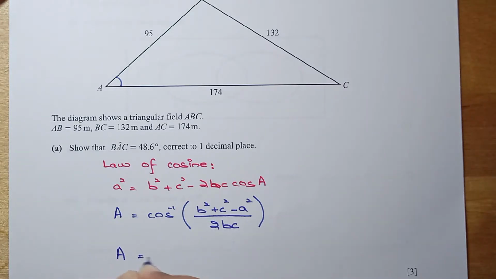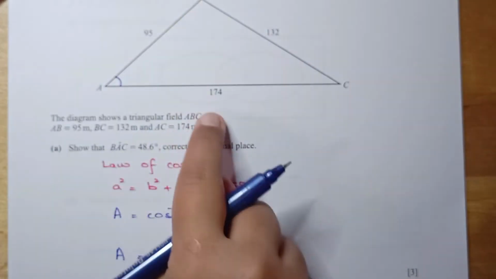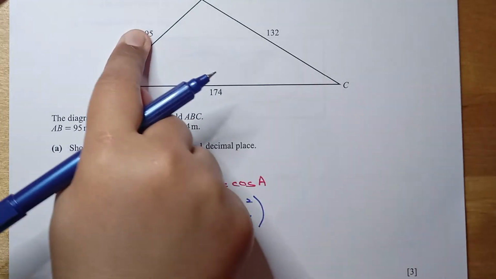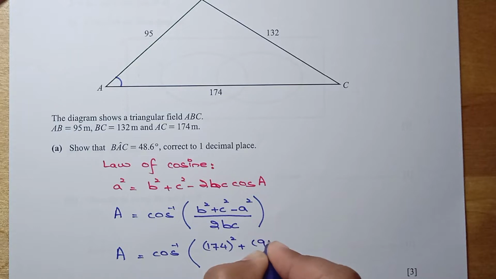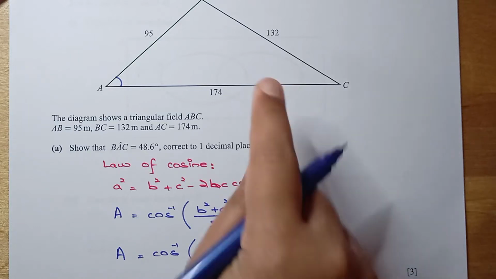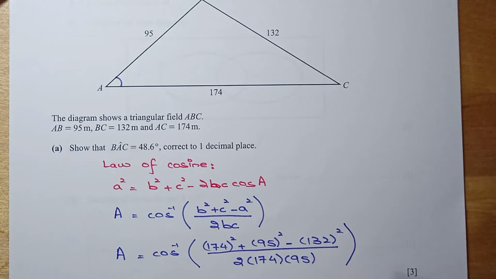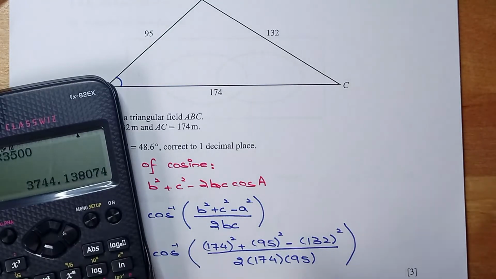So A would be equal to cos inverse of B squared, so we have B 174 whole squared plus C is 95 squared minus A is 132 squared, divided by 2 times B is 174 times C is 95, and finding the cos inverse at the end.